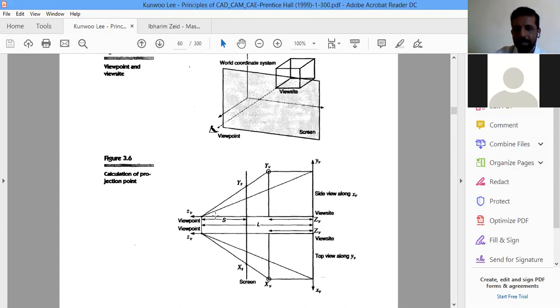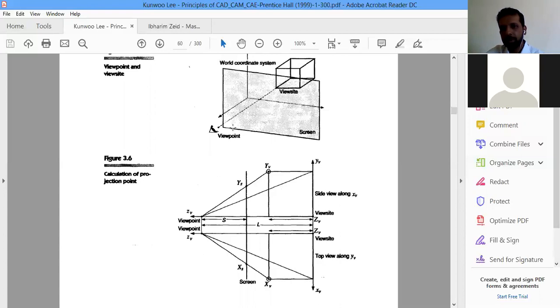So it is very similar to that. The viewing point is an imaginary point, at a distance of s, based upon where we click. The object is generally projected over the distance from the viewpoint to the screen and up to the end of the object in that particular view.